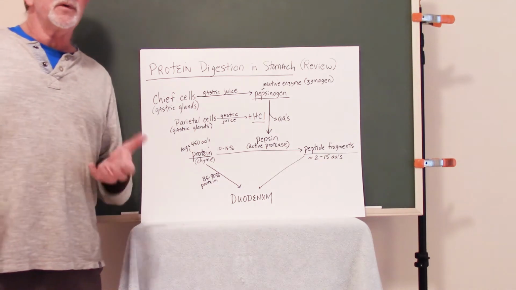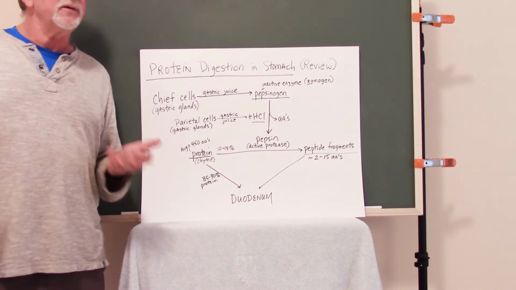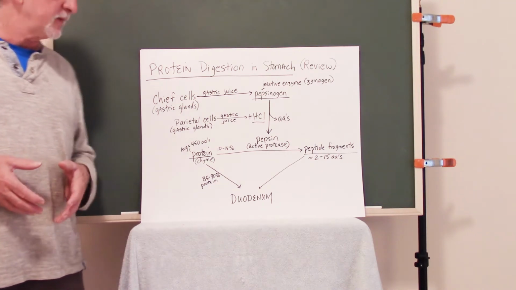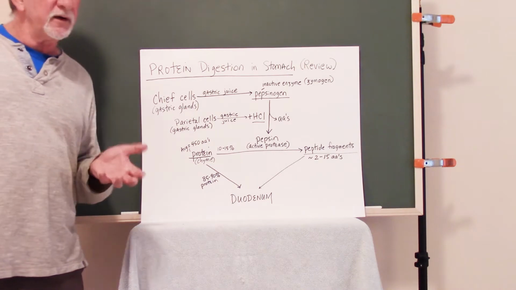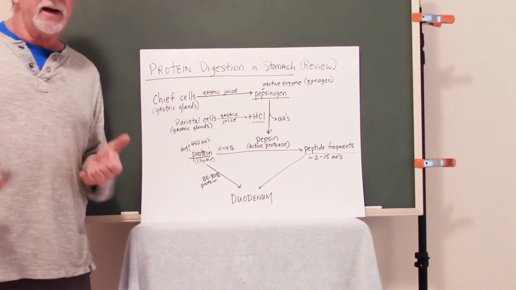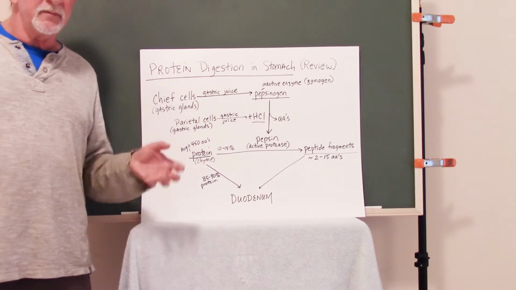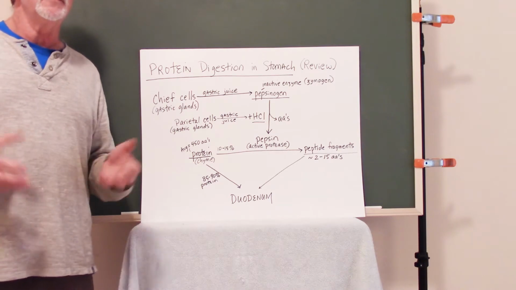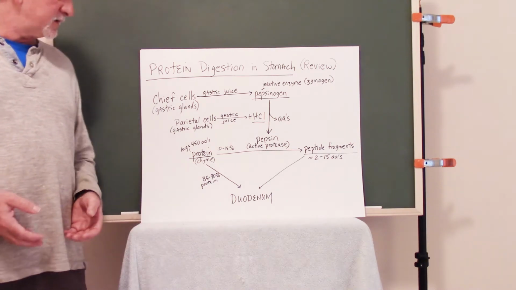I can think of proteins that are smaller than that, and I can certainly think of proteins that are thousands of amino acids in size. But generally proteins are hundreds of amino acids in size. So clearly they have to be broken down to the amino acids that make them up, because you've got to get all the way down to the individual amino acids to have absorbable units.